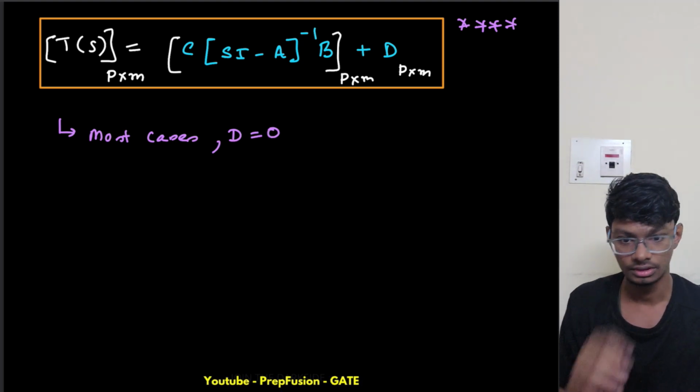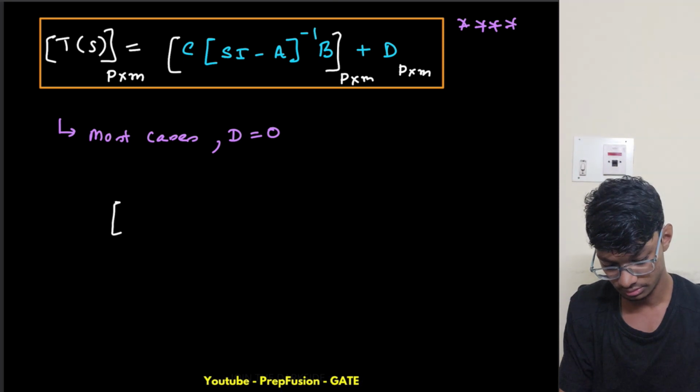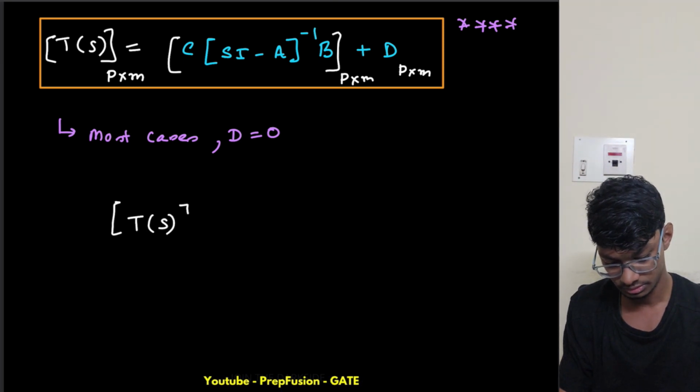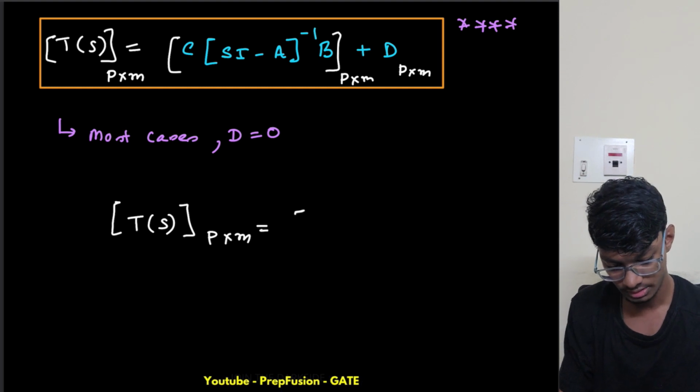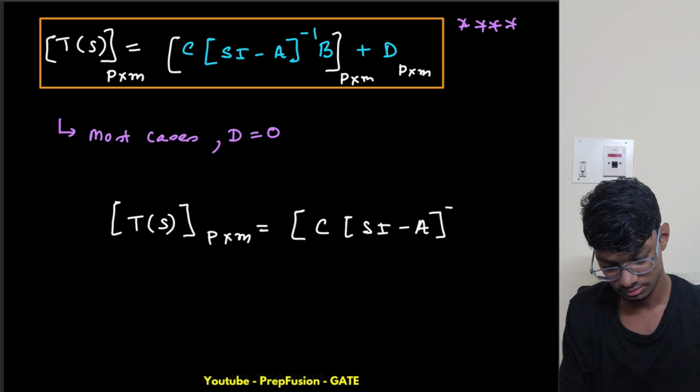Now if D is 0, then what will happen? This transfer function, p cross m, becomes only C into (sI minus A) inverse.